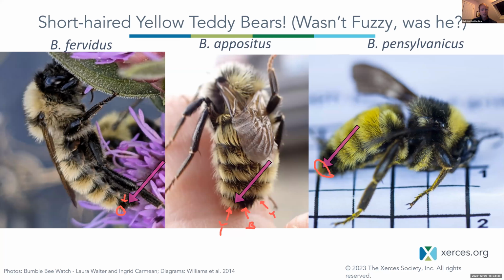So this is a good character to look for to separate out these 3 species. Generally, Bombus appositus is also going to have a little more yellow on the face than either of these other 2 bees, but in my experience that character is quite variable, and you're mostly going to want to look at the tail of the bees in these last couple of abdominal segments.